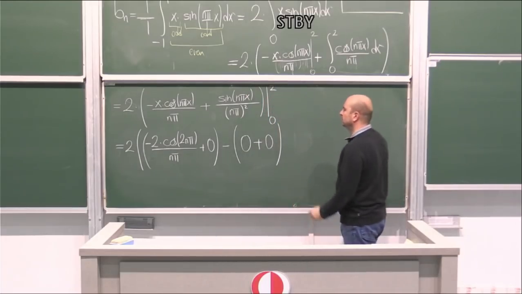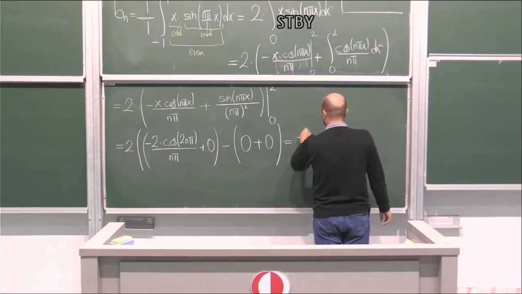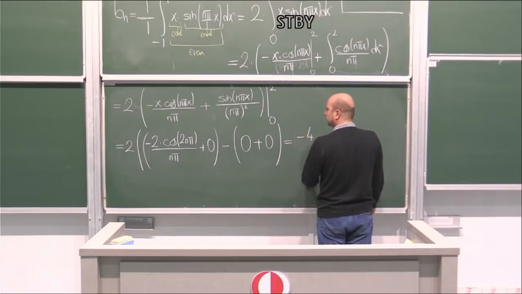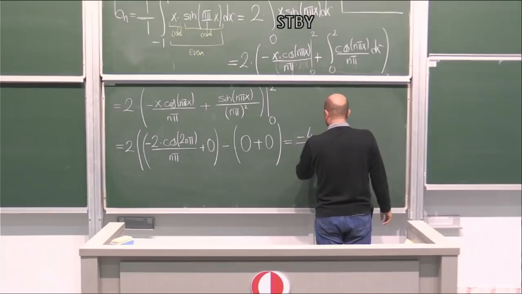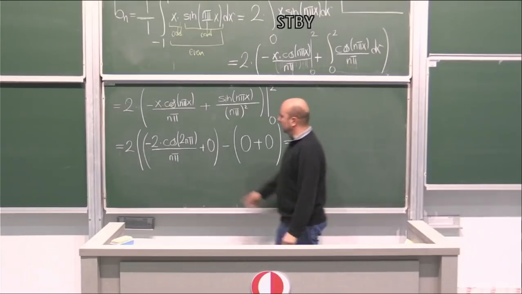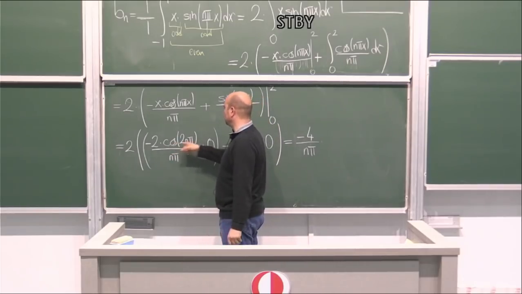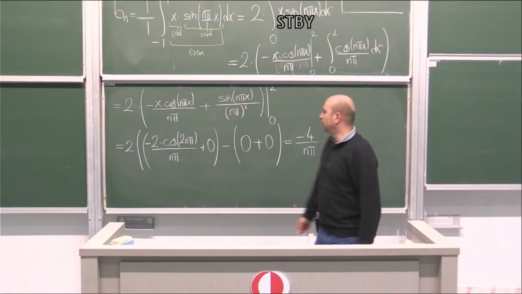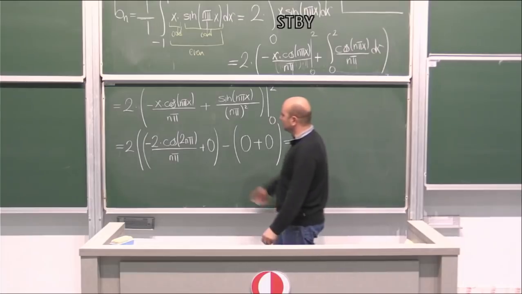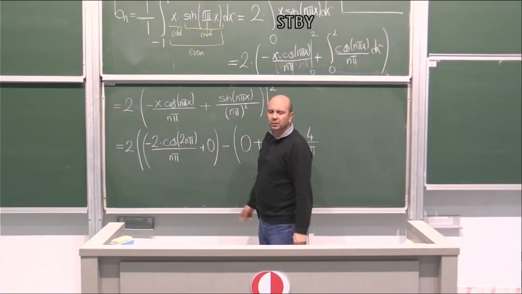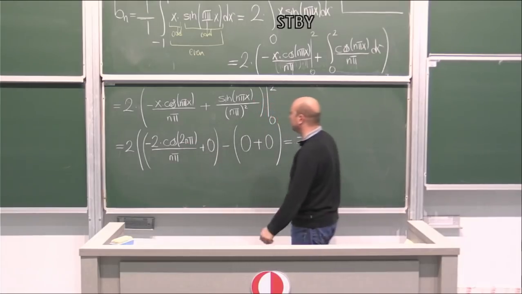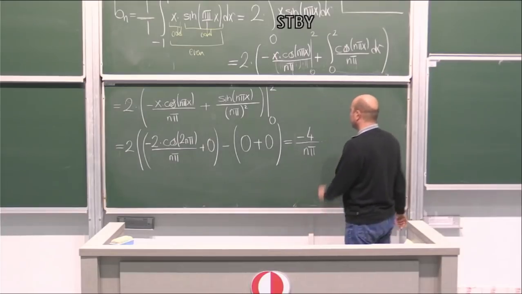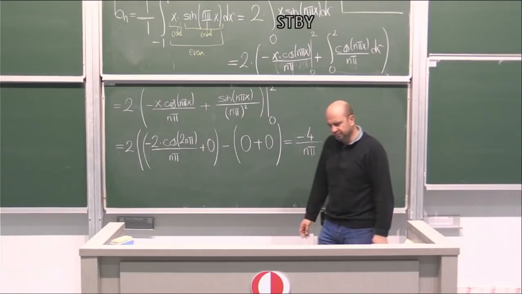So this is going to be negative 4 over n pi, and cosine 2 n pi, cosine 2 pi, cosine 4 pi, is automatically 1 because they are multiples of 2 pi. This is what we get as the result.